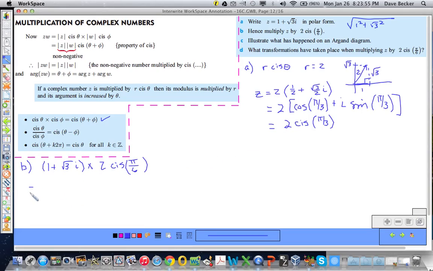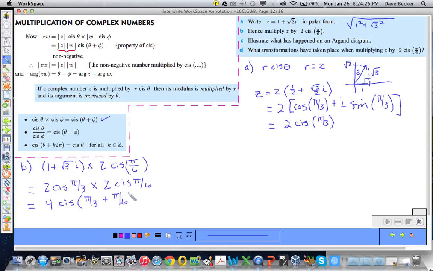So this becomes 2 cis pi over 3 times 2 cis pi over 6, which we can write as 4, because 2 times 2 is 4, times cis of pi over 3 plus pi over 6.